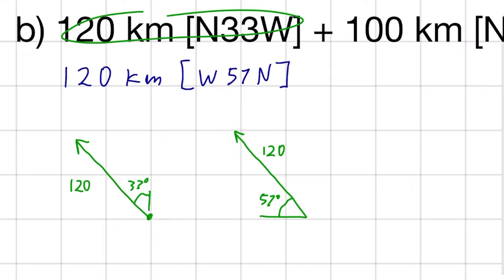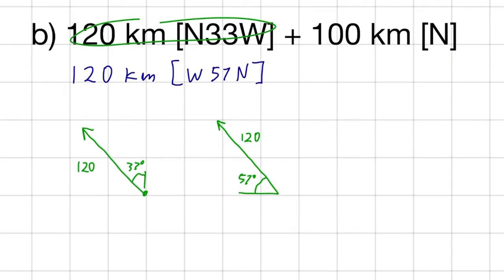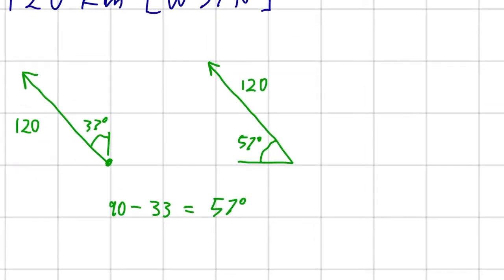Now, can you see how these two are the same vector? Because what we're doing is we're taking 90 minus 33 is equal to 57 degrees. So that tells us that in both of these cases, this angle here is actually 57. And this angle up here, well, it's 33.